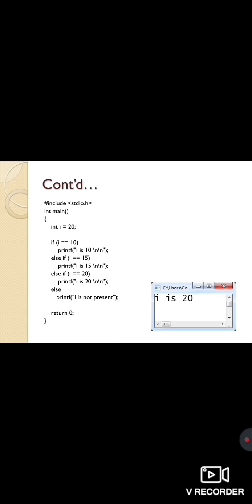As the value of i is 20, the first condition is false, then it comes to check the next condition, that i equals 15, it is also false, then it comes to the next condition, that is i equals 20. Yes, it is true. So the printf function prints the string, that is i is 20, to the console.